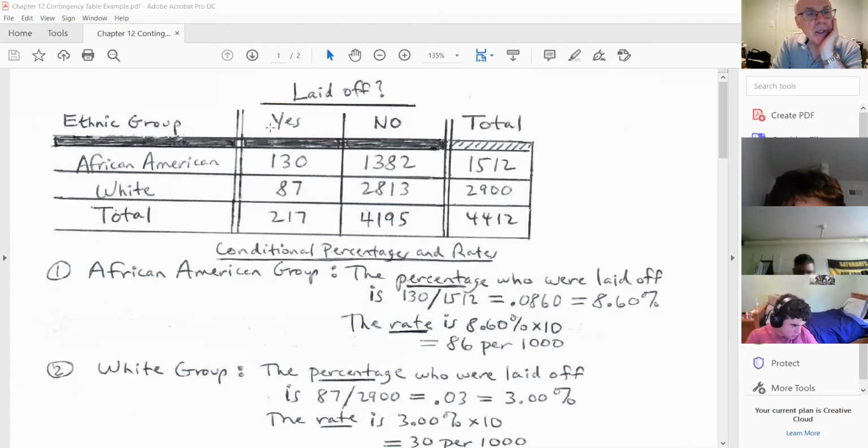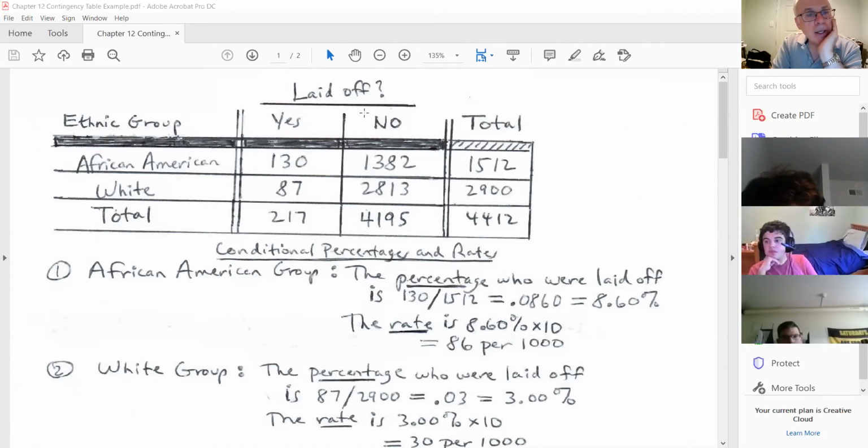And along the columns is the response variable, the Y, which asks whether you were laid off, yes or no. Inside each of these cells are the counts, and the grand total is the number at the lower right, the number of people in the survey.